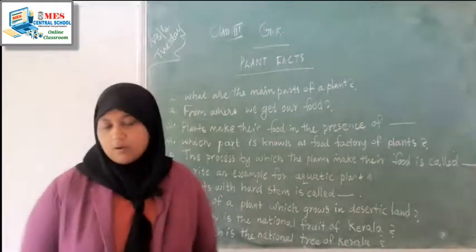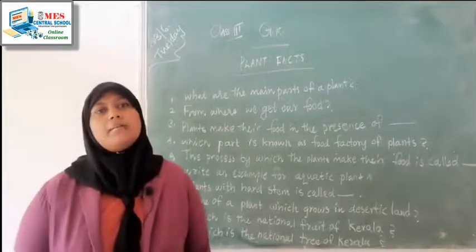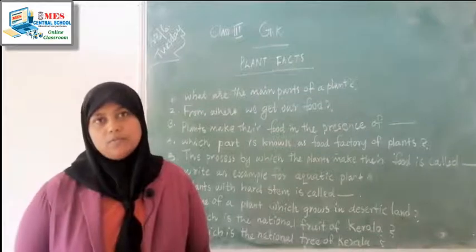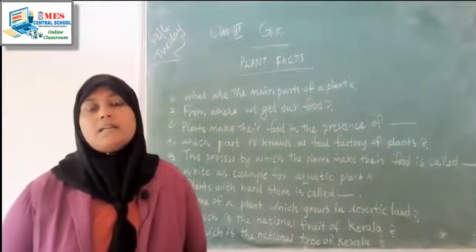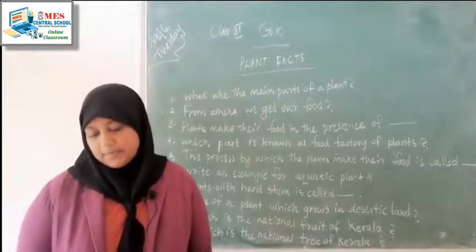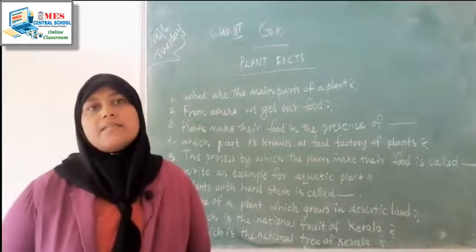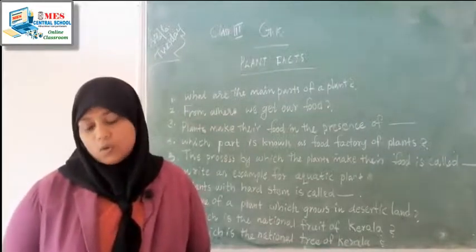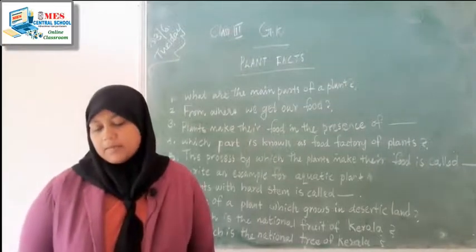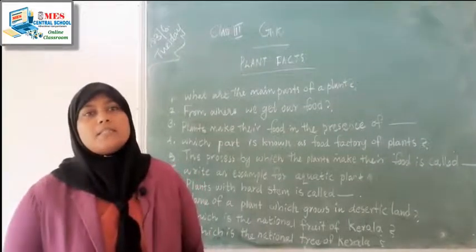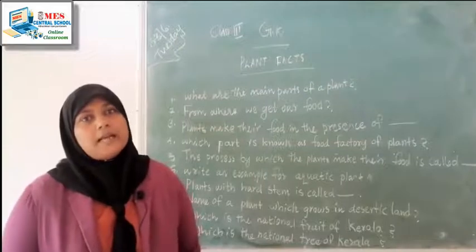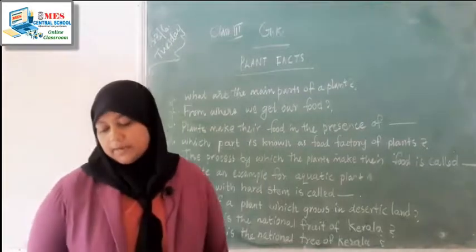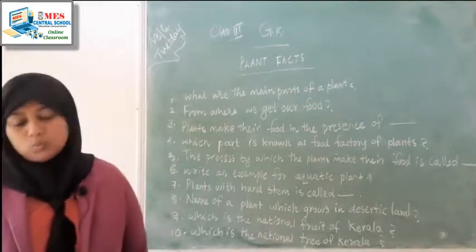Okay, so all animals are depending on plants for their growth, for their food, for different purposes. And plants give us oxygen. That you have also learned. Plants also give shelter to many animals and birds. And plants give us wood.